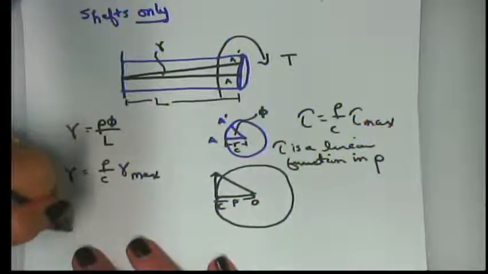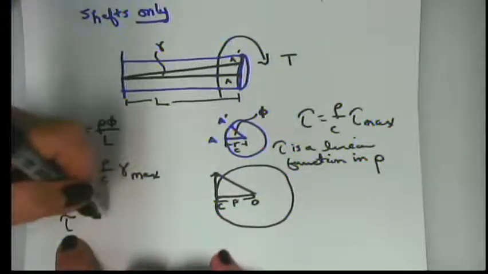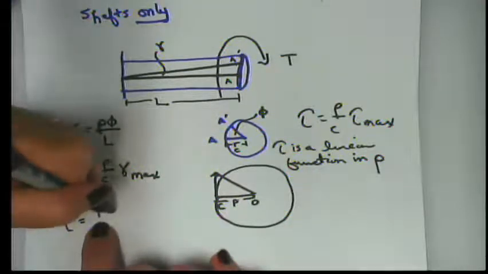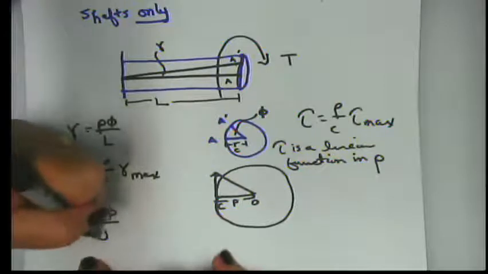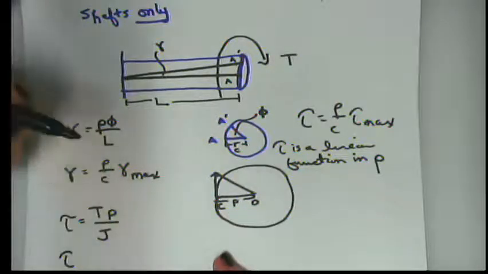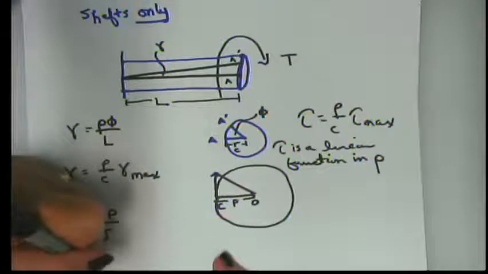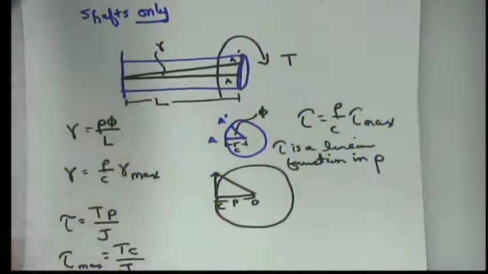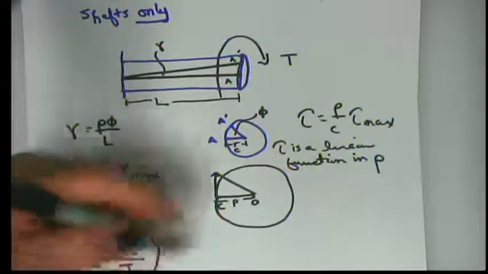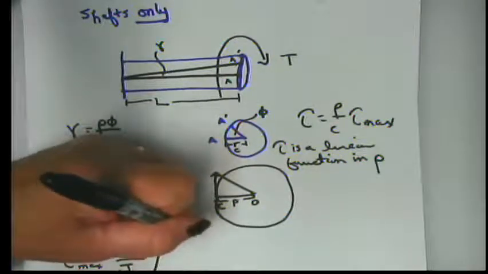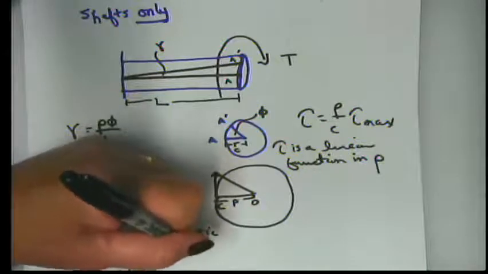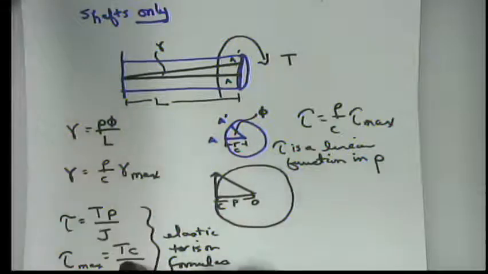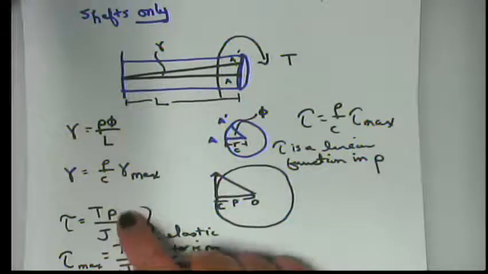Okay. Then sort of the conclusion of this discussion is that tau, shearing stress, is equal to T torque times rho over J, or of course we could say that tau max is equal to T times C over J. And these two formulas are referred to as the elastic torsion formulas, in that they relate the applied torque to the geometry.